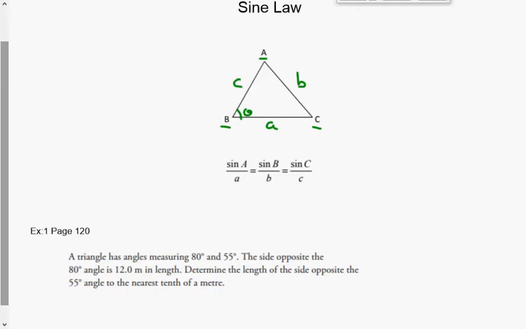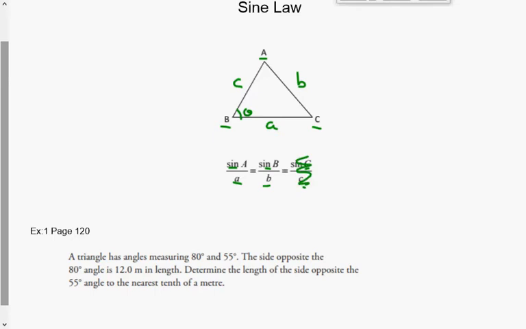So now, with this formula that I've given you here, sine A over a equals sine B over b equals sine C over c, you can solve for anything as long as you have 3 out of 4 things. You're never going to use all 3 of these or all 6 angles and sides together.